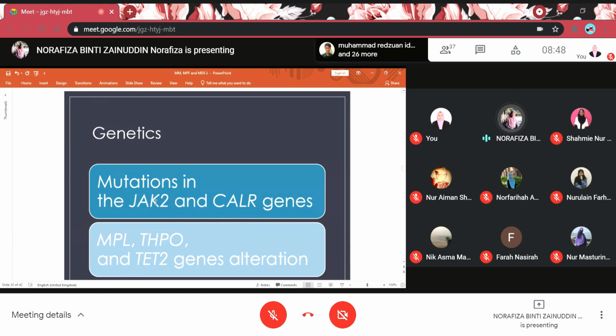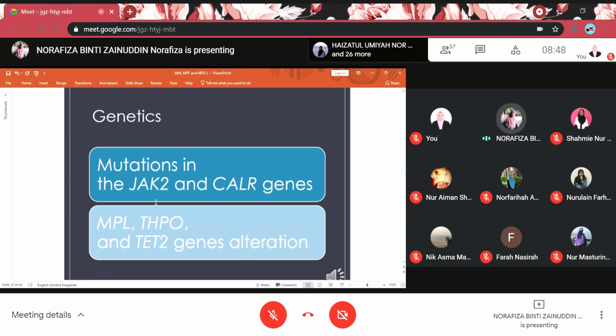So the abnormal activation of JAK-STAT signaling will lead to overproduction of megakaryocytes actually, and this will result in increased number of platelets in the blood of these patients. And excess platelets can cause thrombosis, and this will lead to many signs and symptoms found in ET patients.